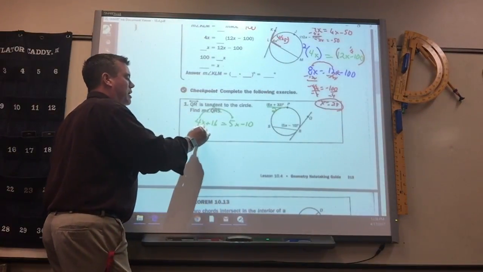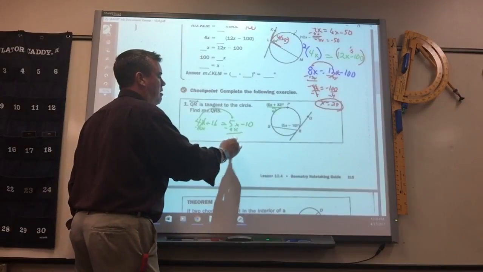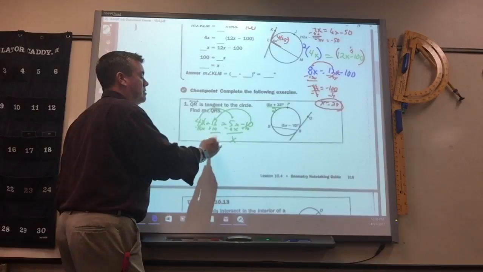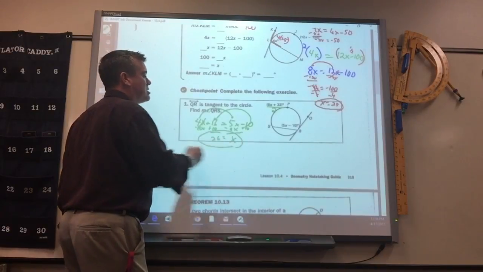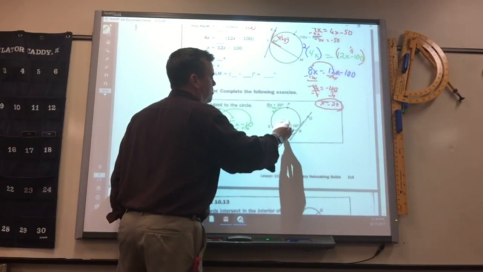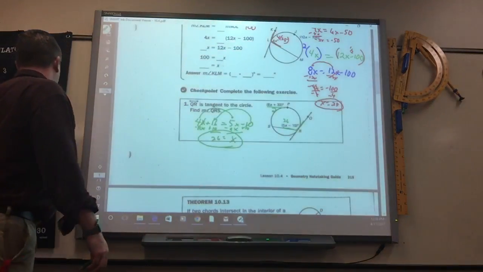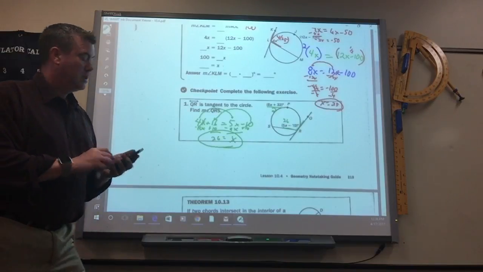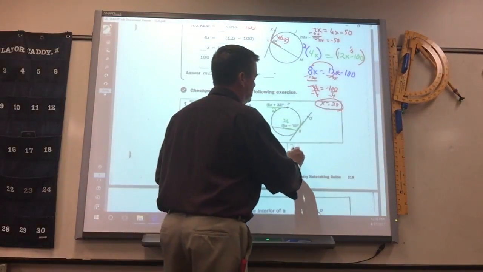So if I move the 4x over, move the 10 over there, it's minus, so you add. X is 26, but they actually want angle QRS, so you gotta put 26 in for X. And you get 120.